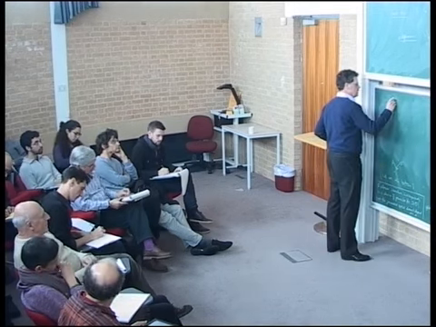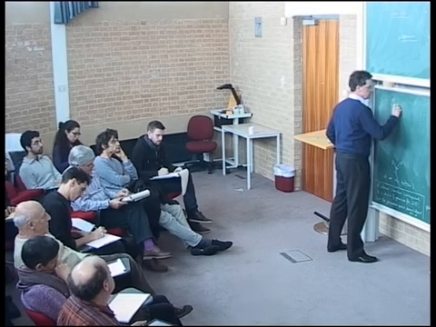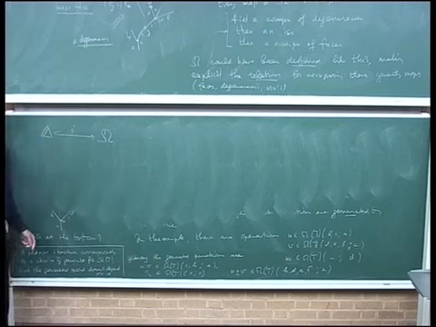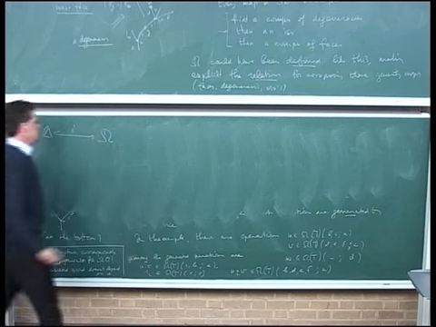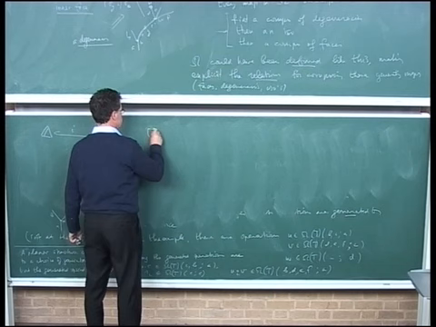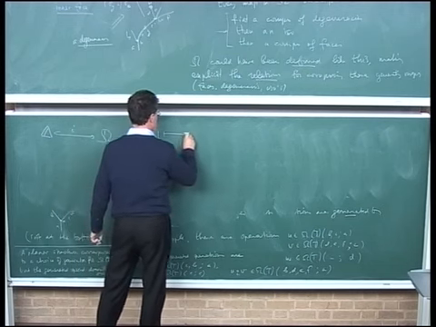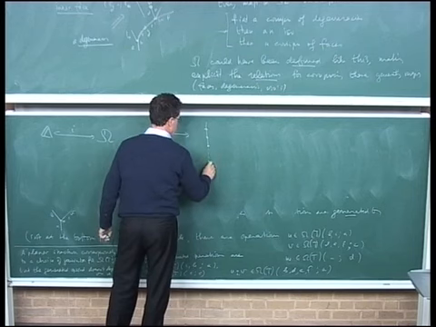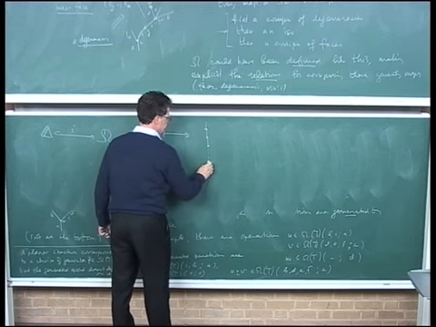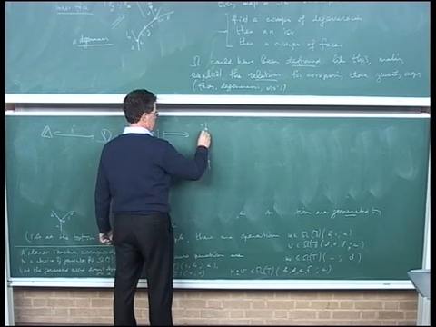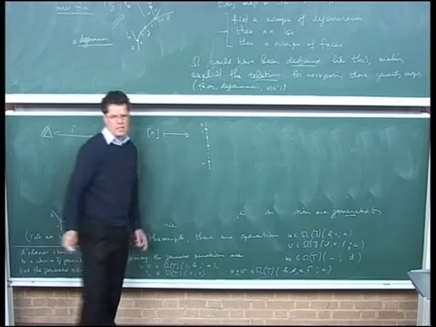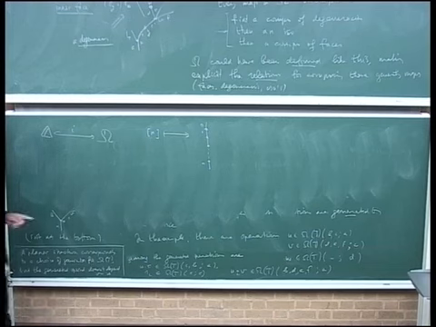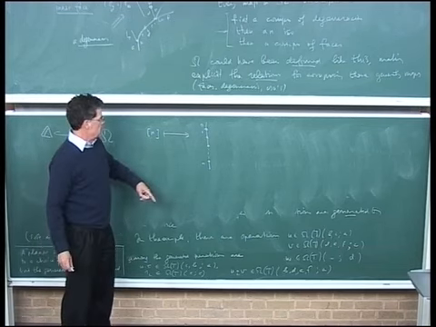So there is an embedding delta to omega, and it sends n to the linear order, the tree, which looks like this, with n plus 1 edges.